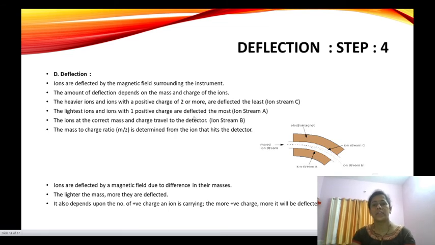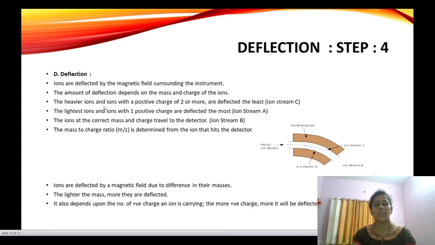The next step is called the deflection step. In this deflection, ions are deflected by the magnetic field surrounding the instrument. The amount of deflection depends on the mass to charge ratio of the ions.